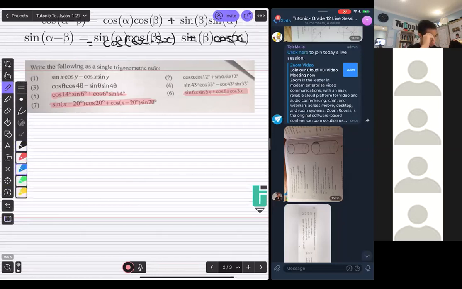Okay, let's try an example. But synthetic division is so much easier though. Do you find it easier? Yeah, much easier and so quick. Whatever way works.